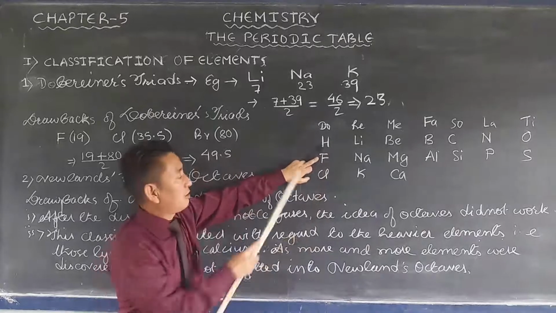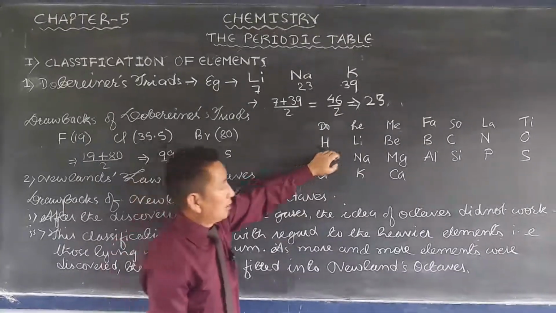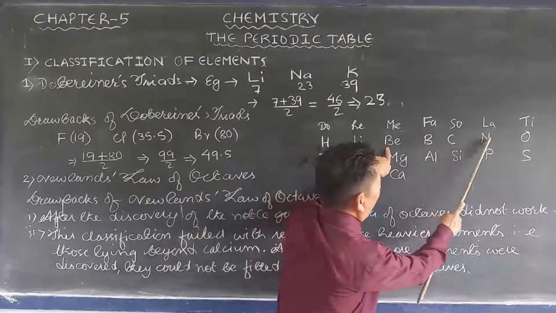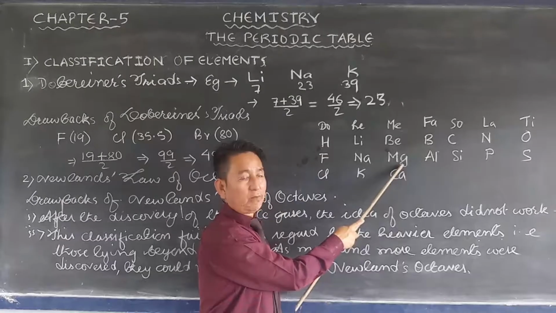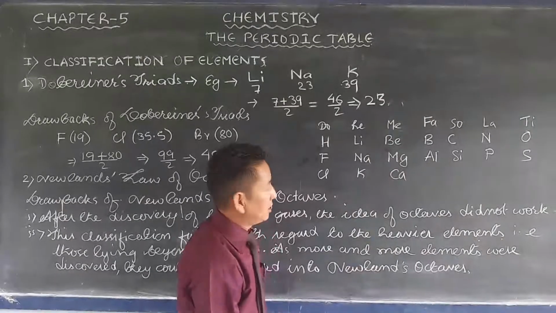The properties of fluorine are similar to the properties of hydrogen. Now if you start from beryllium, 1, 2, 3, 4, 5, 6, 7, 8. The properties of magnesium are similar to the properties of beryllium.